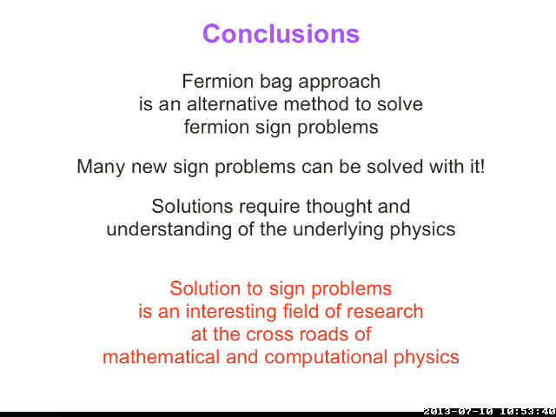Often sign problems are thought of as a computational difficulty for Monte Carlo methods, and people don't focus on it. I think more thought needs to go into it. I think there are new ways of thinking about determinants.